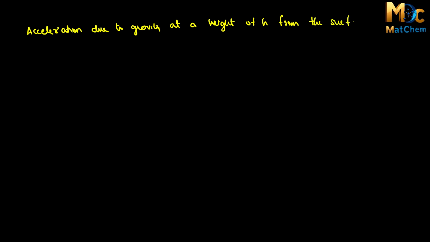We know that acceleration due to gravity at a height of h from the surface of the earth is given by g_h is equal to g into R upon (R plus h) the whole squared.